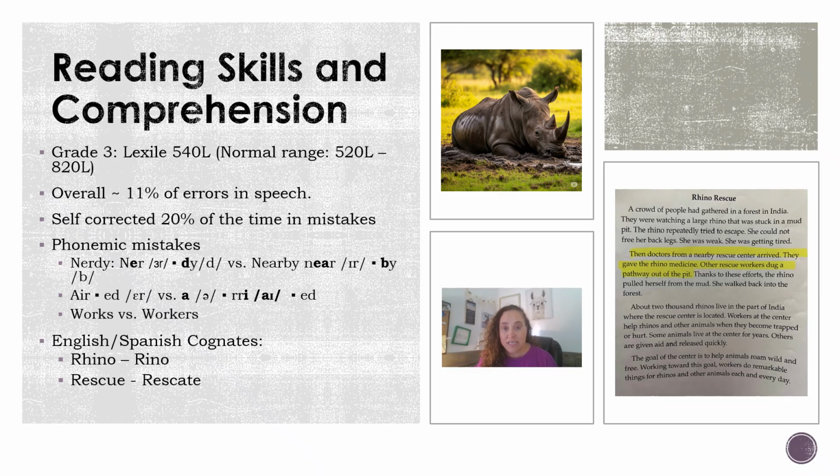The other thing that was interesting as we started the passage is she immediately looked at the word rhino and said Reno, with a question mark. Recognizing that this was a cognate, rhino versus Reno. And then looking at the second word, ironically, I picked one with two cognates, rescue, and she wasn't quite sure how to say it, but rescate is what she realized.